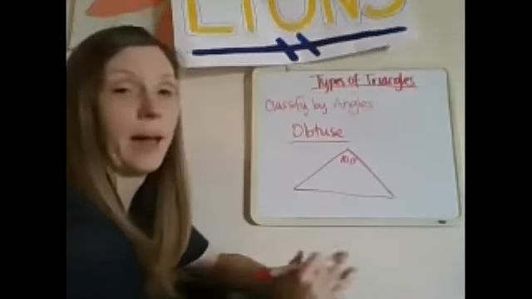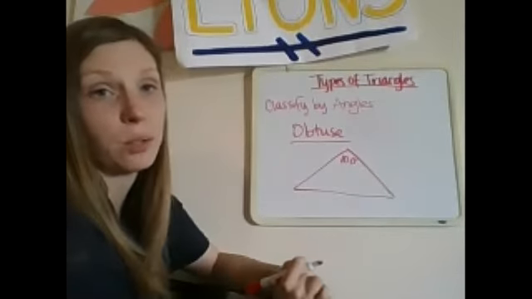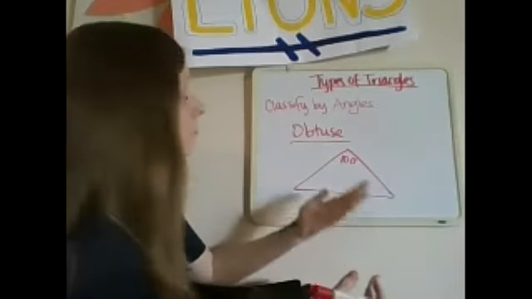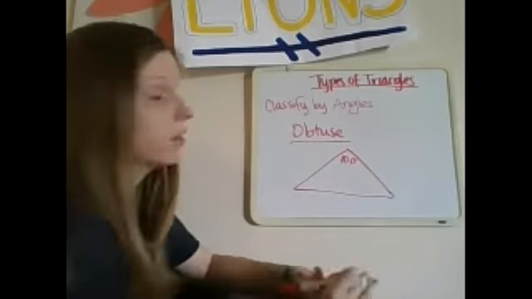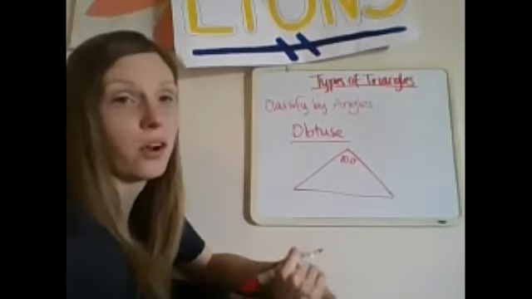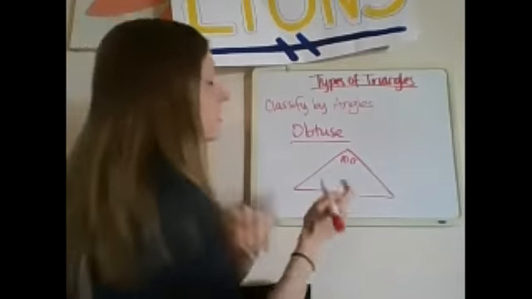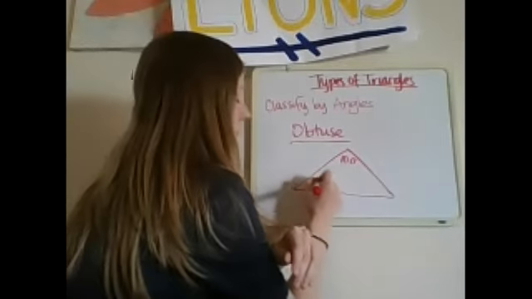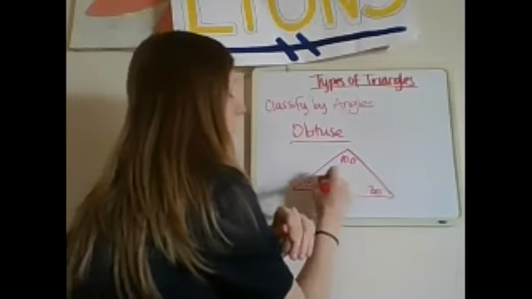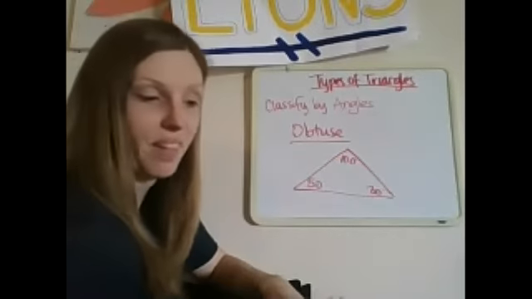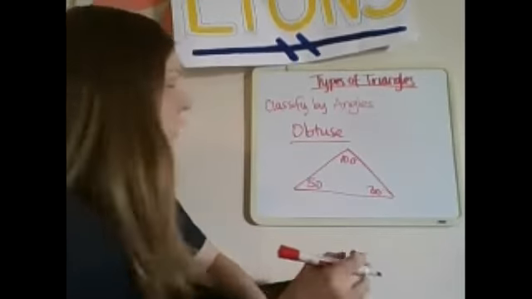Okay, automatically this is classified as an obtuse triangle because it has an angle bigger than 90. These two could be any other two angles that all three together would add up to 180. So for instance, it could be 50 and 30 degrees. And that is an obtuse triangle.